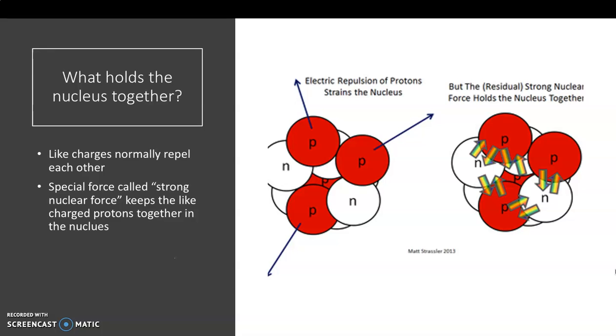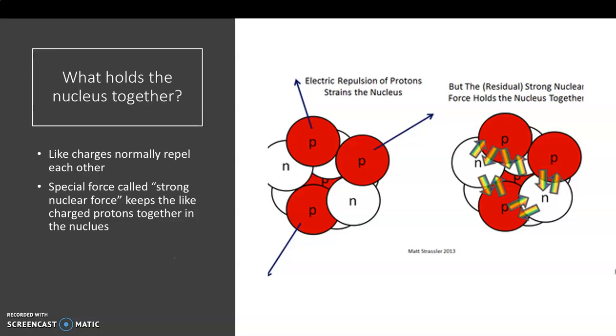And we also know that it works only on these small scales. So when you're talking about one atomic mass unit size scale for the force to be acting on, that's when it works. When the particles are very close together, they can be held together and overcome the electrostatic repulsion that normally comes from like charges being close together.